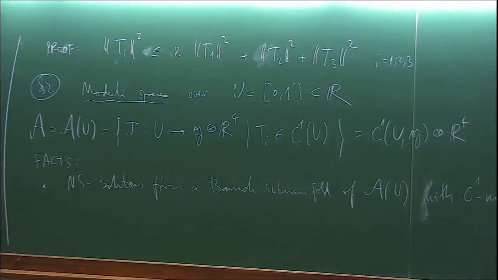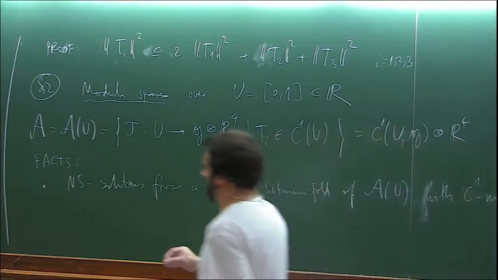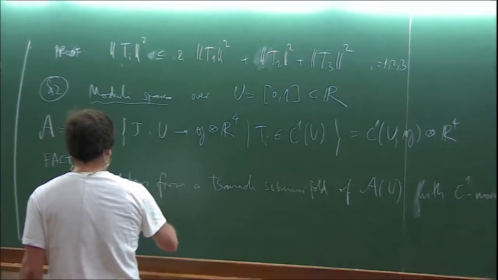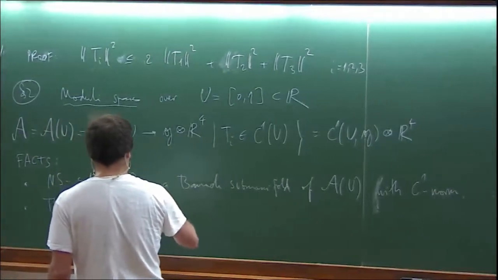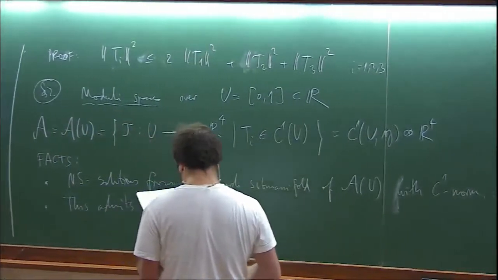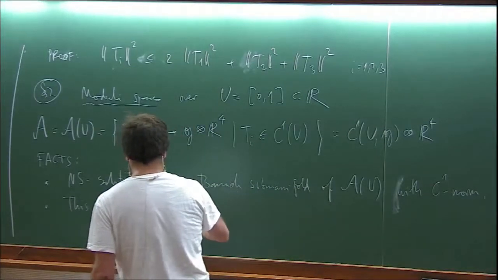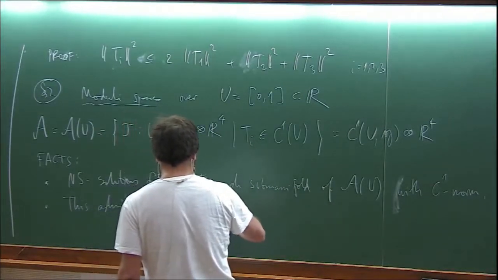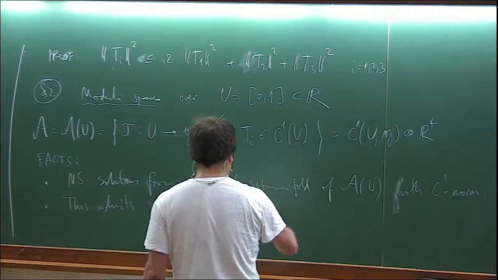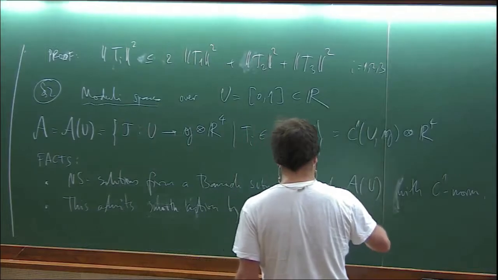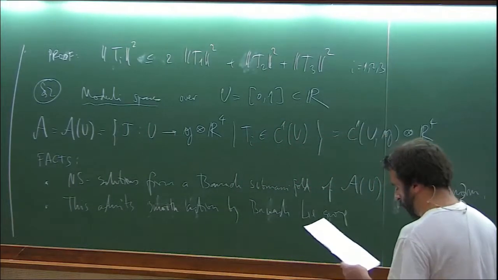So it's a rather well-behaved infinite-dimensional manifold, if you like. This set of solutions admits a smooth action by the Banach Lie group of gauge transformations, GU.